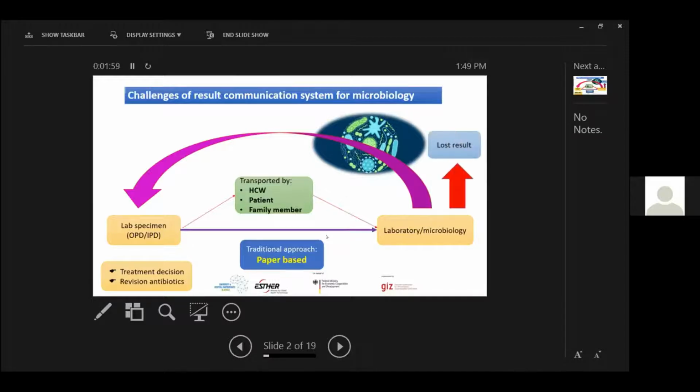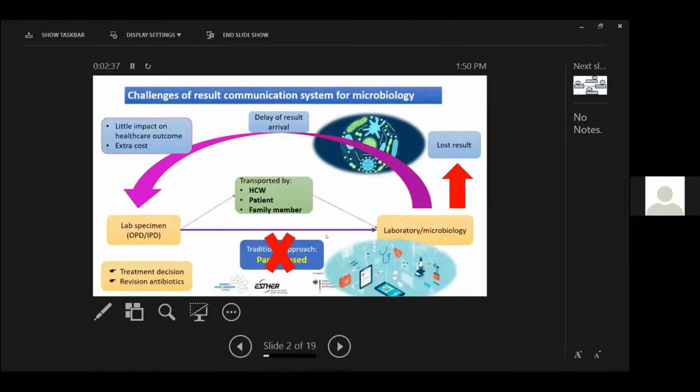But in reality, most of the time the results are lost, and if at all they return back to the treating physician, they are delayed by hours, in most of the cases by days and even weeks, which means it will not have significant effect on healthcare outcome, and perpetuating antimicrobial resistance and extra costs to the patient, because patients need more antibiotics, more hospital days, and additional diagnostic tests because the initial lab result has been lost.